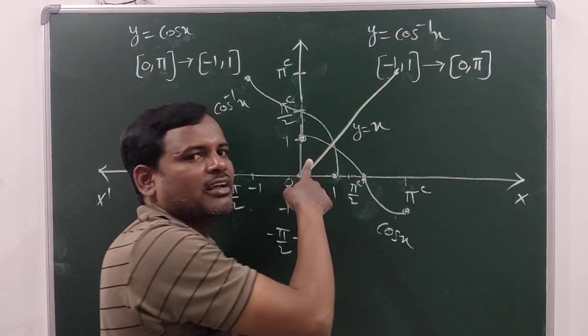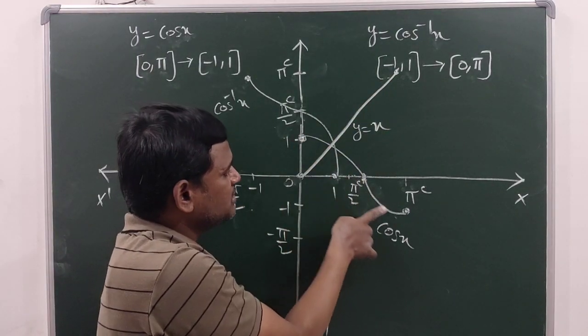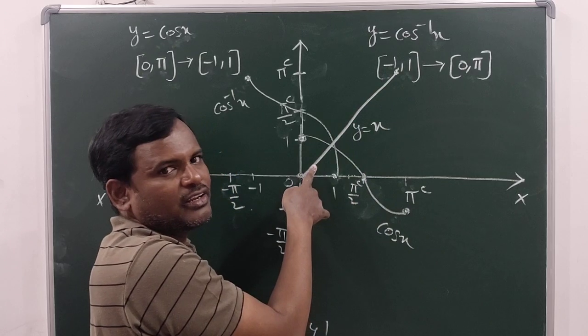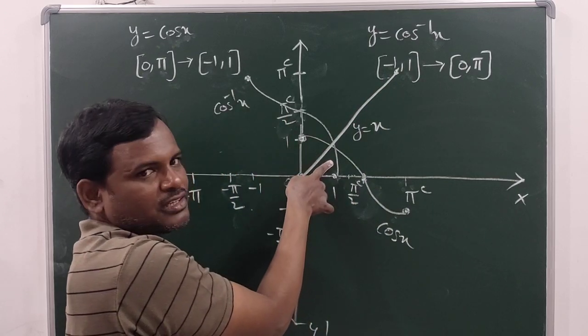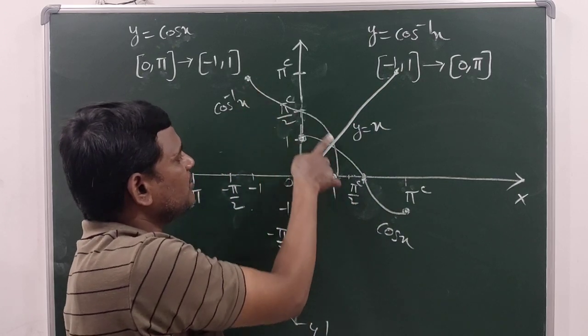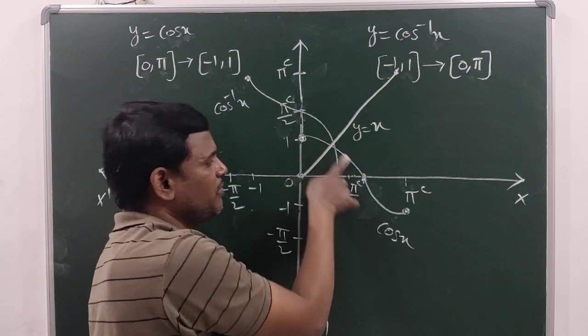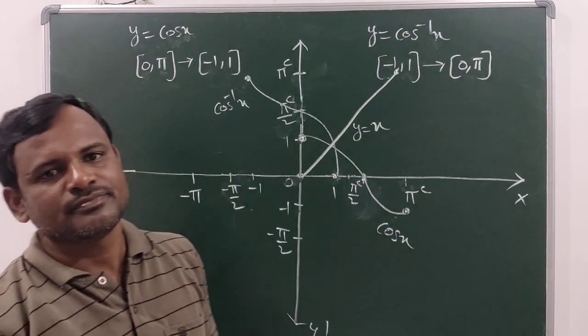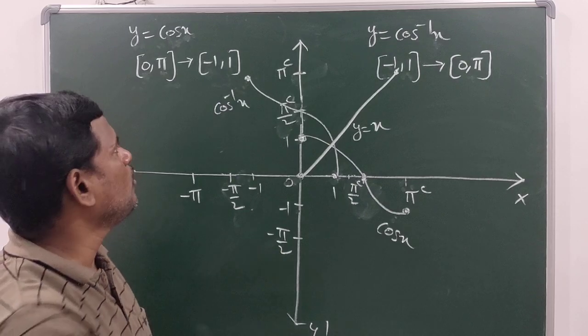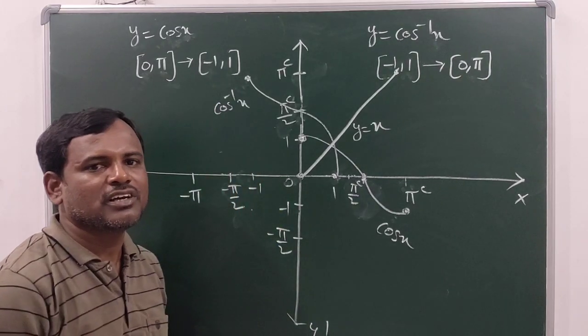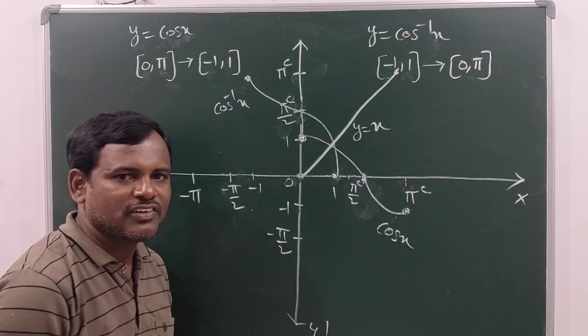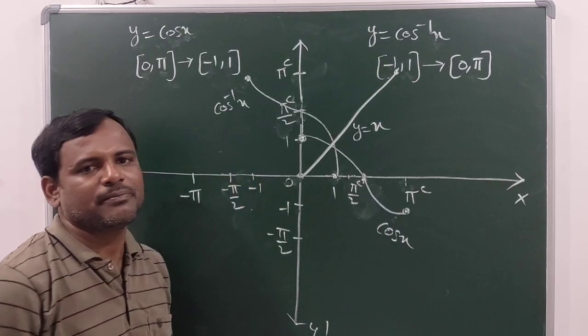Treat this as a mirror. See the image of this cos function in this mirror, you will get this image. And see the image of this cos inverse in this mirror, you will get this. I hope you have understood both graphs, cos x and cos inverse of x on the same graph paper.